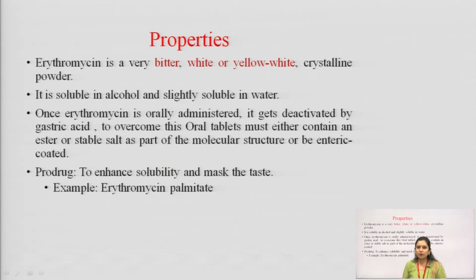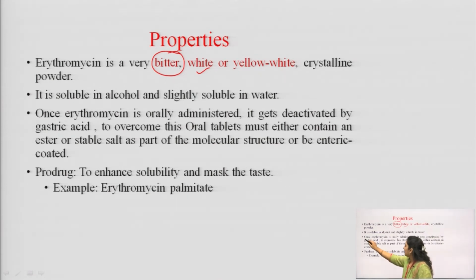Now, we will discuss the properties of erythromycin. Erythromycin is very bitter in taste. If we talk about the color, it is whitish or yellowish white in color. It is soluble in alcohol and very less soluble in water.